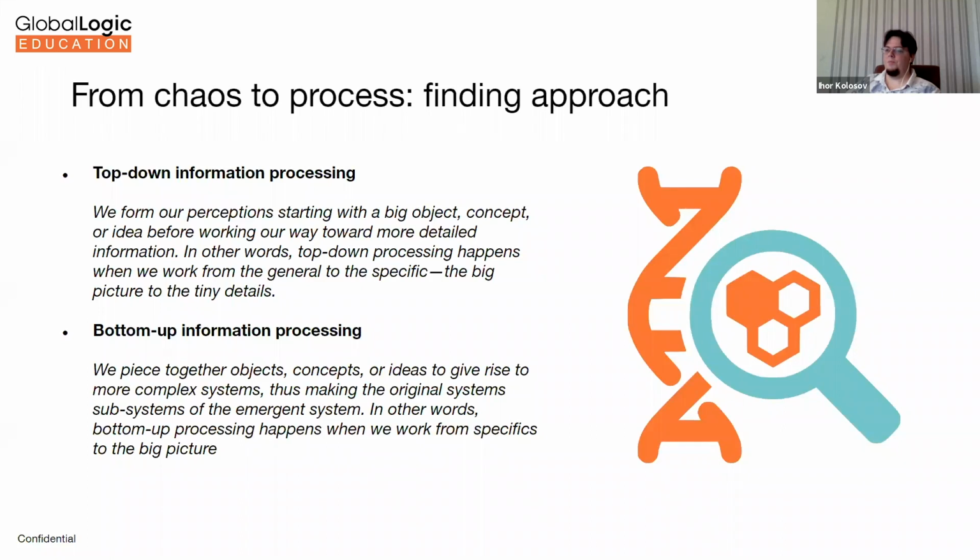These names are probably familiar to you because many approaches across the information technology industry are built around these internal brain mechanisms. I'm talking about top-down information processing and bottom-up information processing.